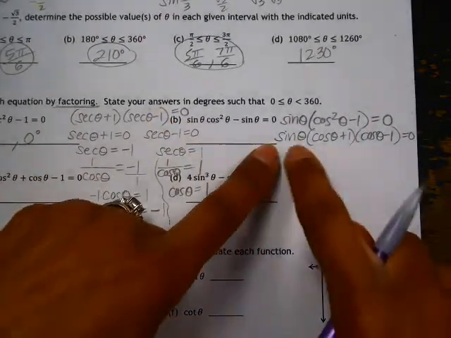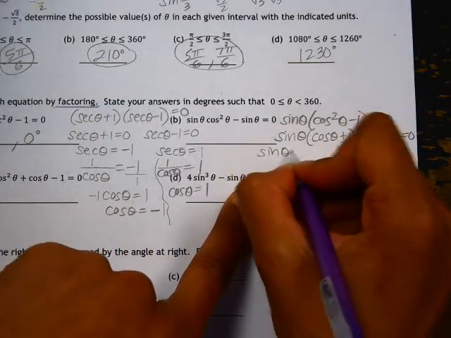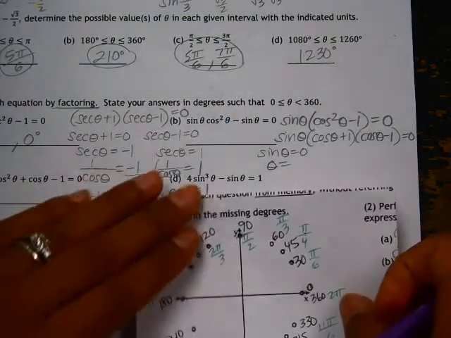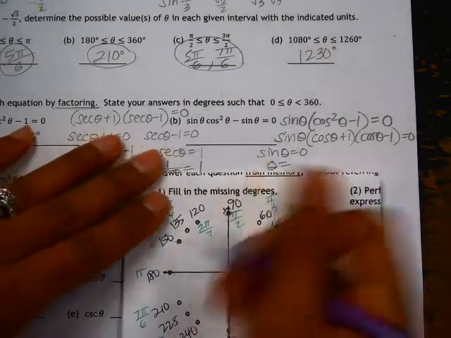And now all three of these could be equal to 0. So sine of theta equals 0 would give me a solution at either 0 or 180.